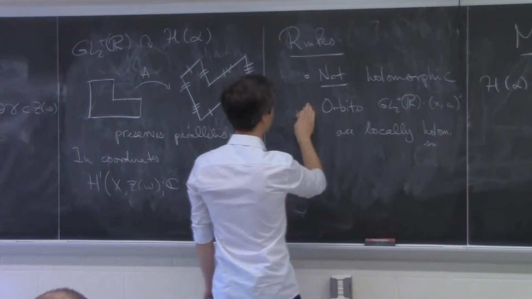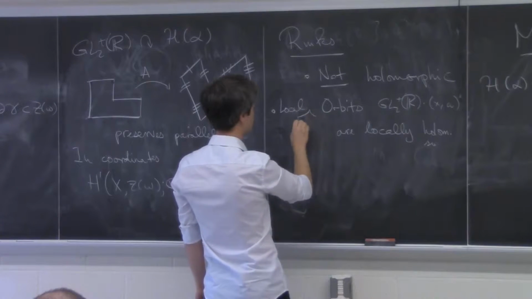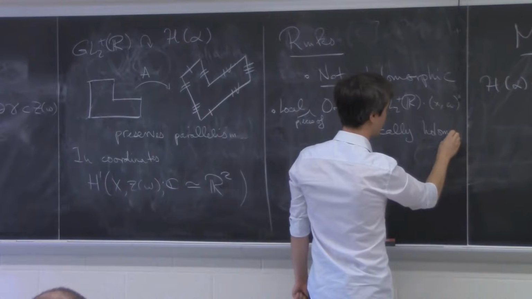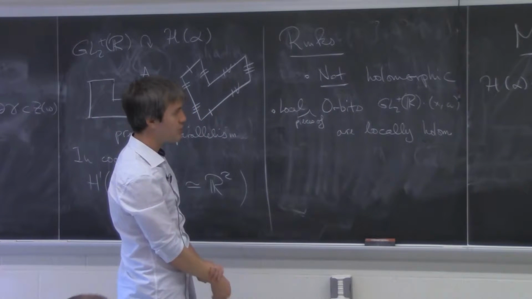Local pieces of orbits are locally holomorphic, meaning that GL2R is locally R^4, which is C^2.